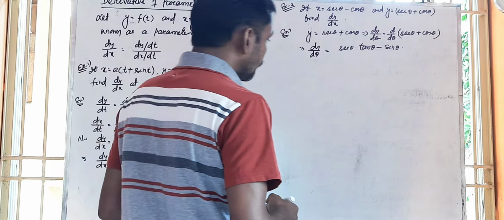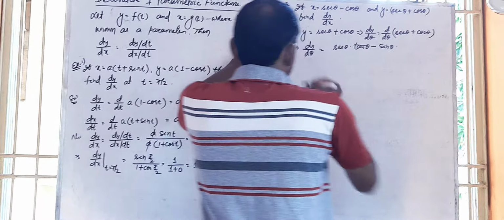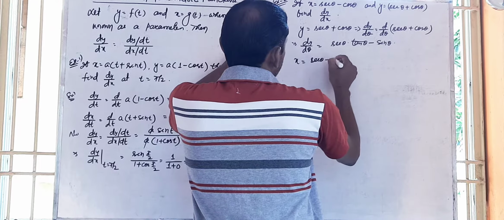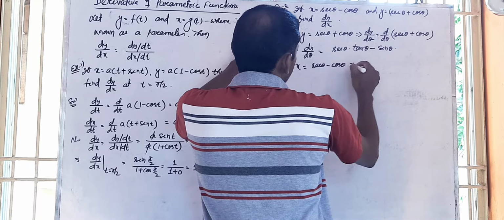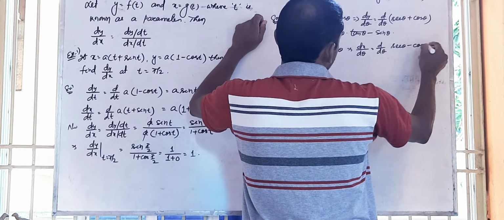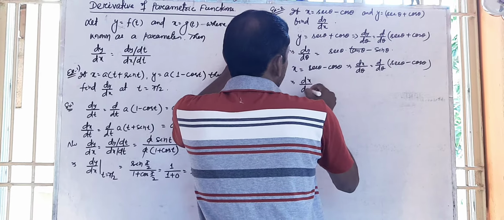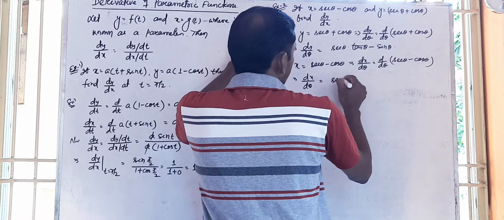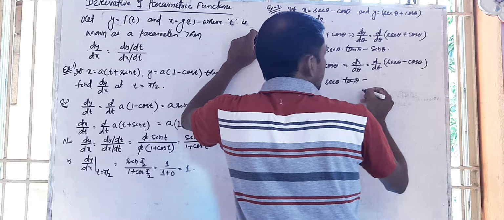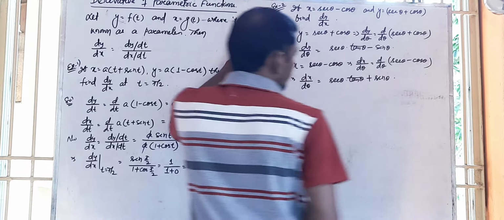Now x is sec theta minus cos theta. So dx by d theta is again sec theta into tan theta, and the derivative of cos is minus sin. Minus minus will become plus.